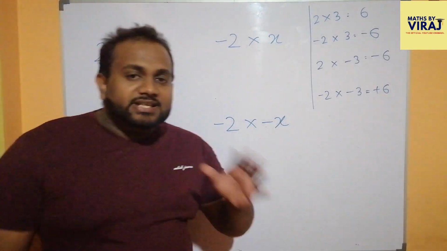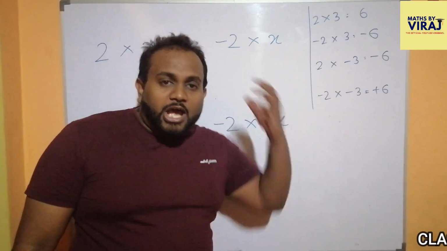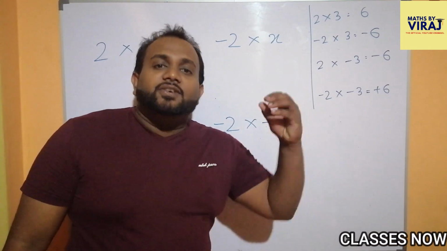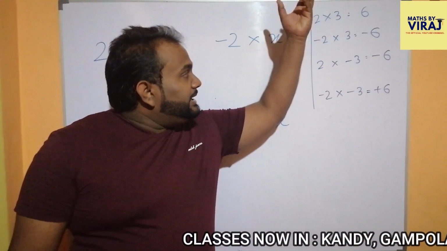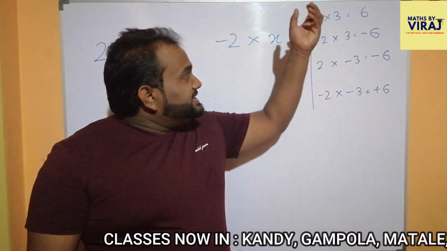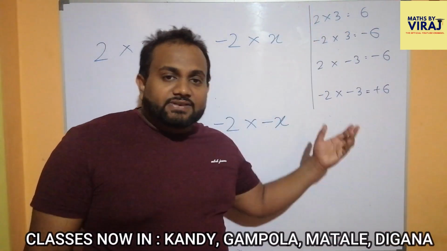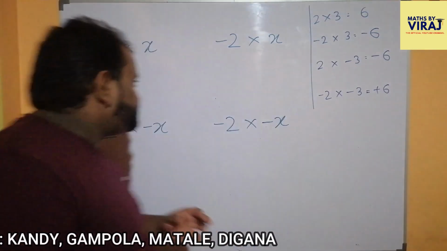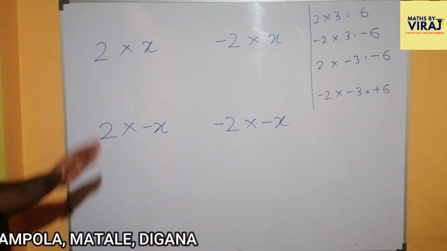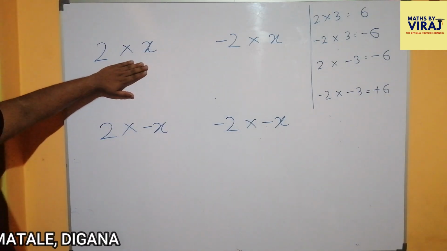Now, you should understand that I have given priority to the sign first. That is, whatever numbers you may have, either it's multiplication or division, you should first give priority to the sign. 2 into x. Yes, it is multiplication.